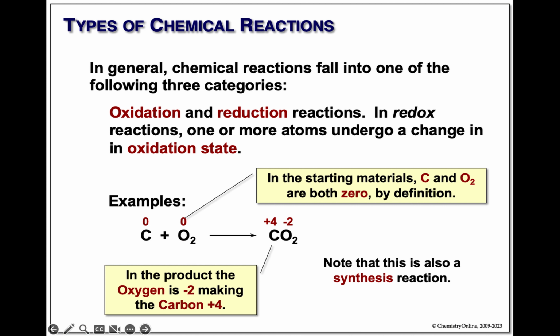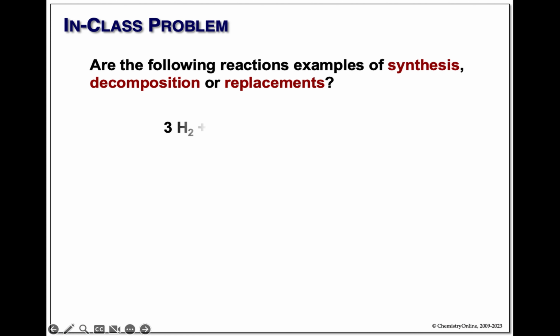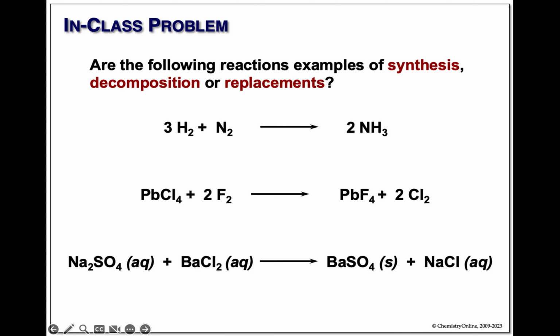Well, let's just do a couple. Here we have hydrogen reacting with nitrogen to make ammonia. We are taking 2 elements. We are making a compound. This is clearly a simple synthesis.